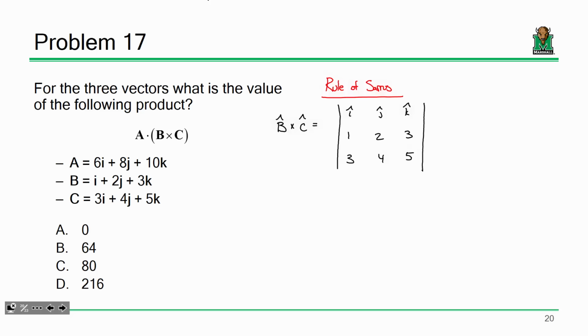The rule of Sarrus states that I then go out here and put another 2 columns, and I say all my products going this way minus all of my products going this way. So let's see.